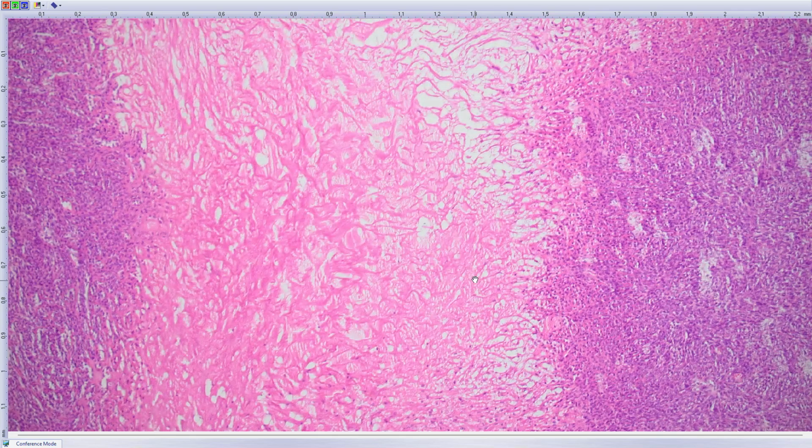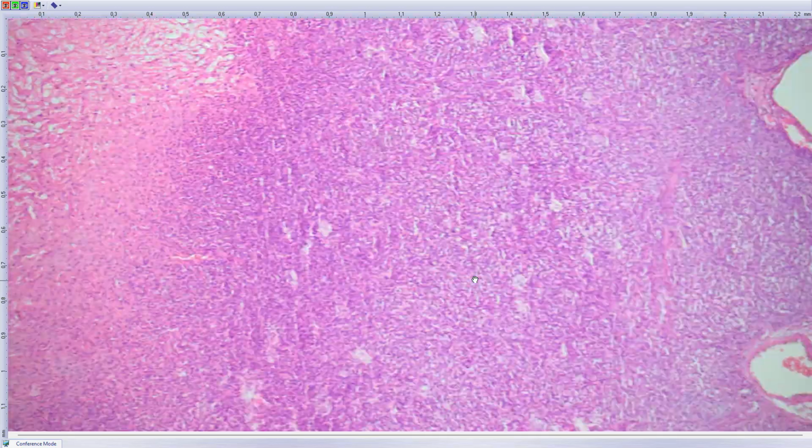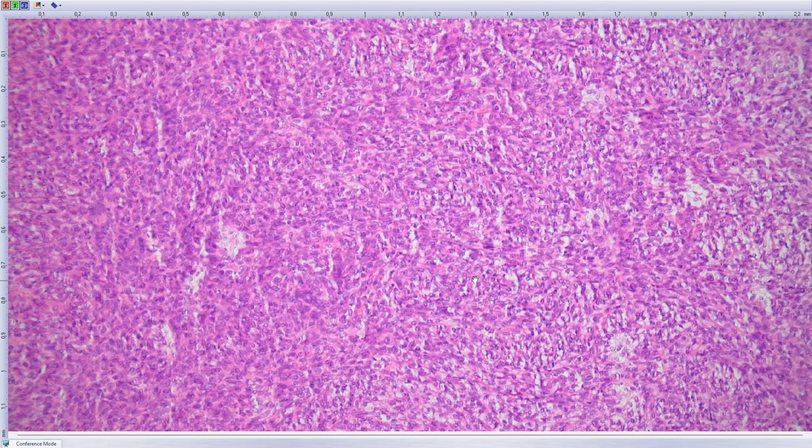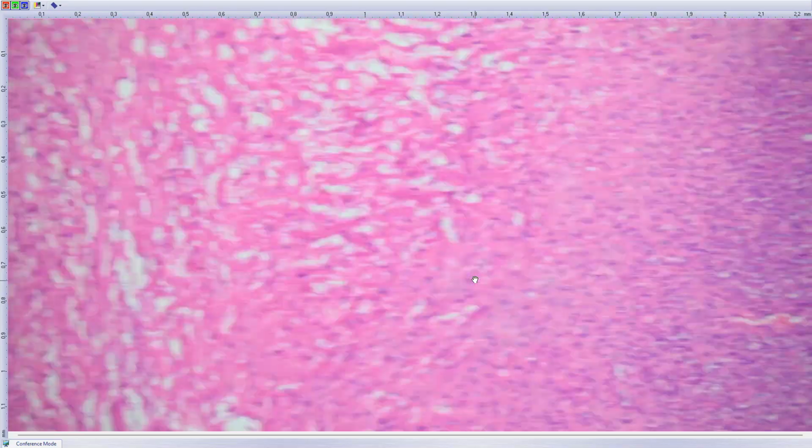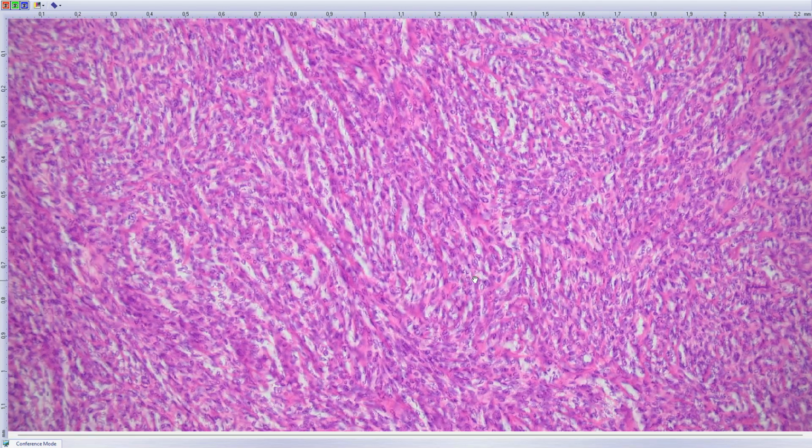And you can appreciate that certain foci represent necrosis, so there are necrotic foci. Atypical mitoses are not there, but the tumor is quite cellular. A little bit of spindling can be seen here and there, but pretty epithelioid.